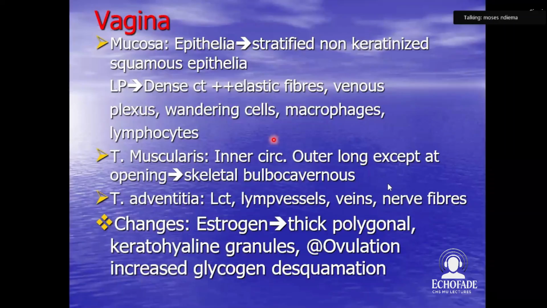Do you have any changes during the menstrual cycle? Under the influence of estrogen, the cells become thick and polygonal, with an increase in keratohyalin granules. Then at the time of ovulation, we have an increase in the glycogen, and desquamation.